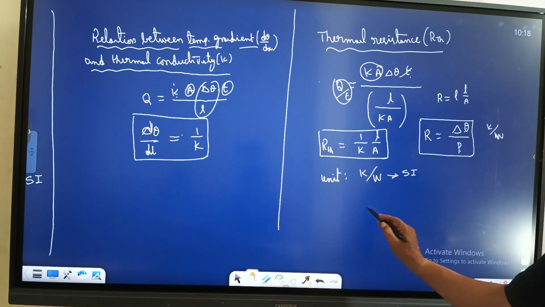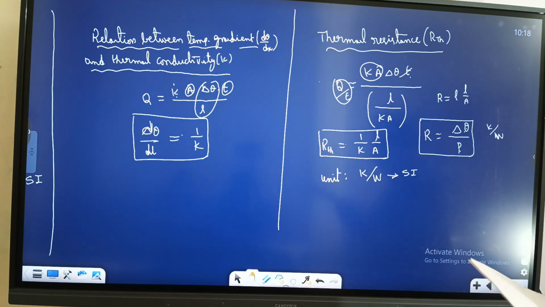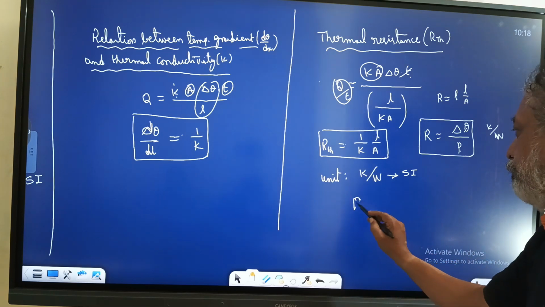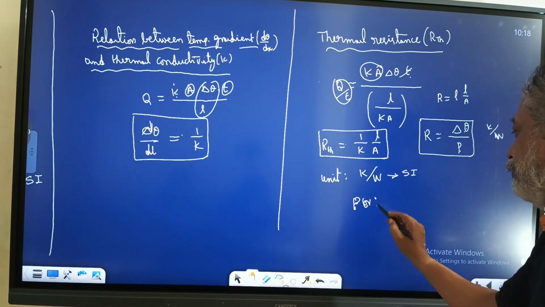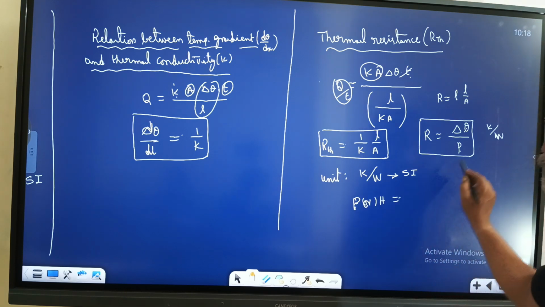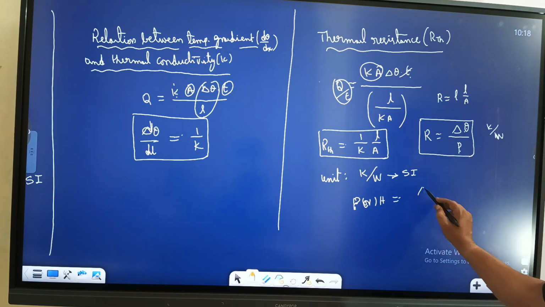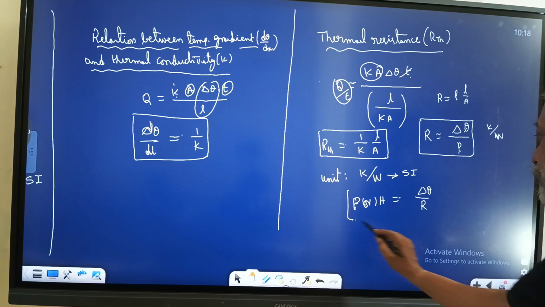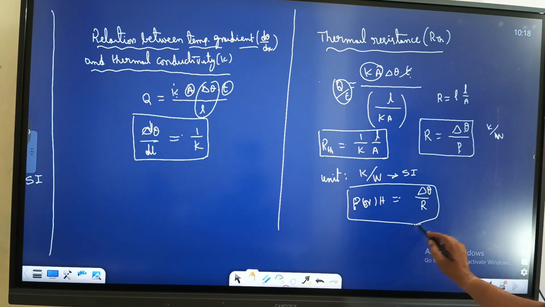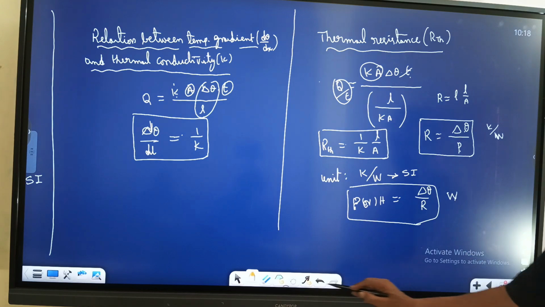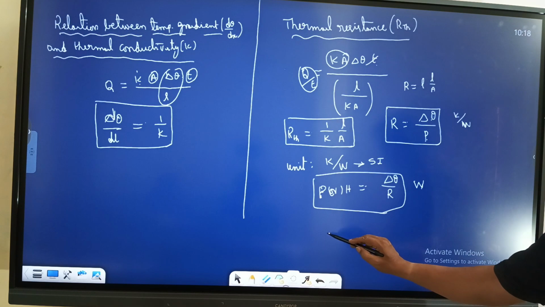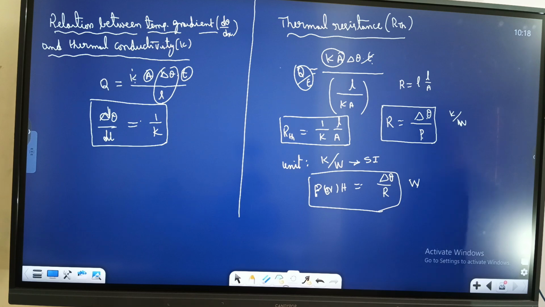So write power or rate of heat flow H is equal to delta theta, the temperature difference, divided by resistance. The unit of power is watt, joule per second or watt.